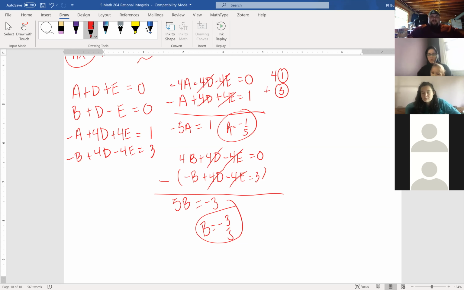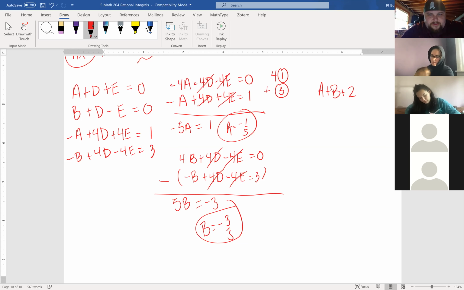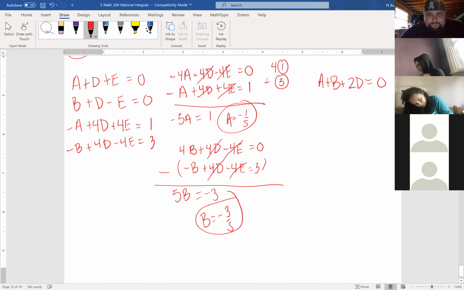Now if I take equation 1 and equation 2 and add them together, that would give me A plus B plus 2D is 0. We know A and B already, so we can solve for D.